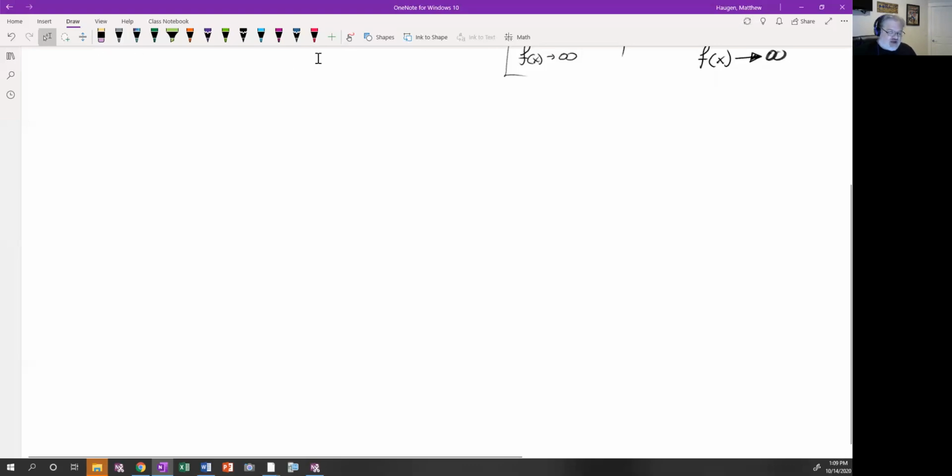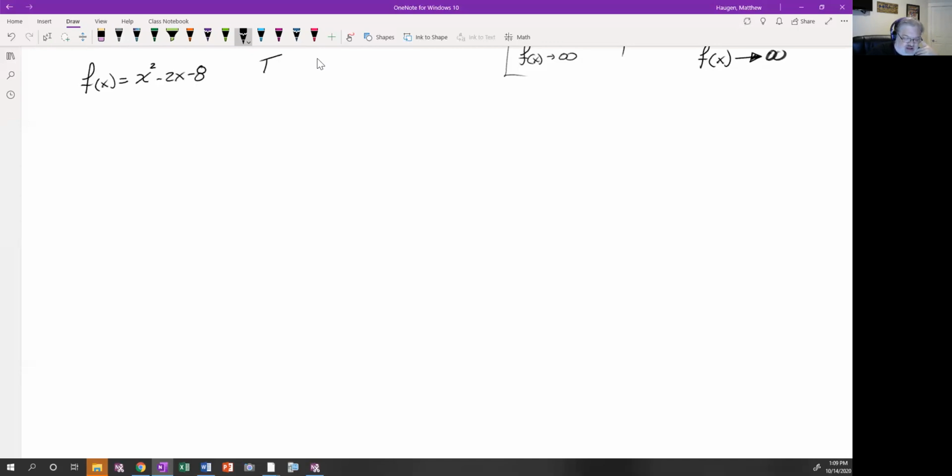And one of the ways you're used to doing that is if we have a function, and let's say it was just a nice x squared minus 2x minus 8.